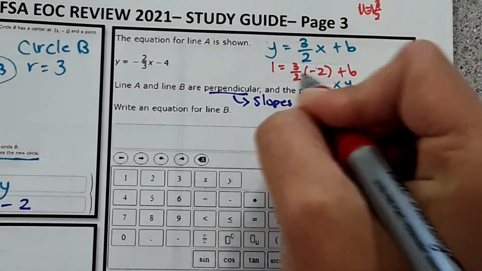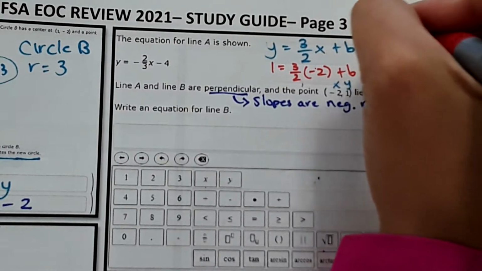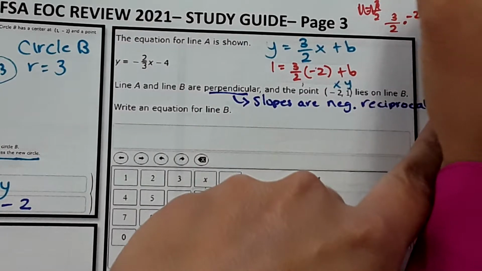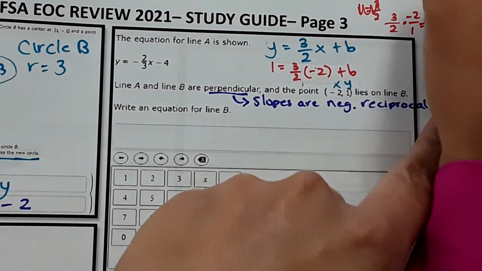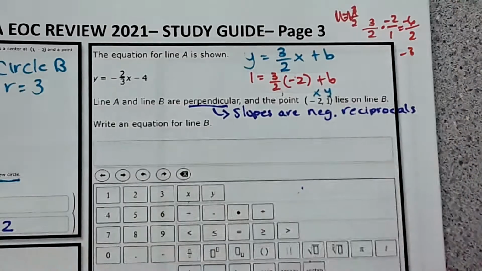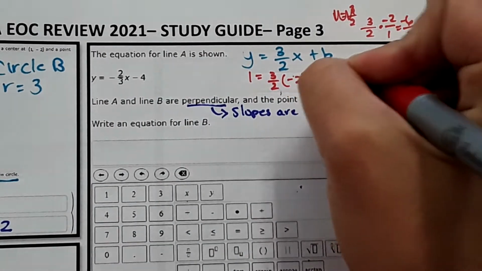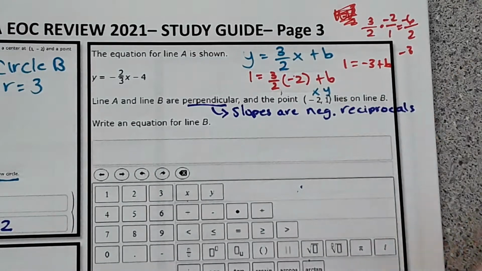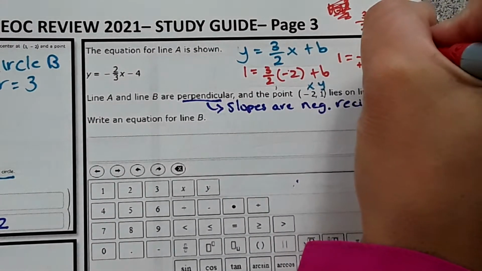So we're going to multiply these two numbers. I don't know if this will be on the calculator or non-calculator portion of the test, so we'll just do it by hand. -6/2 is -3. So we get 1 equals -3 plus b. And then solve for b.